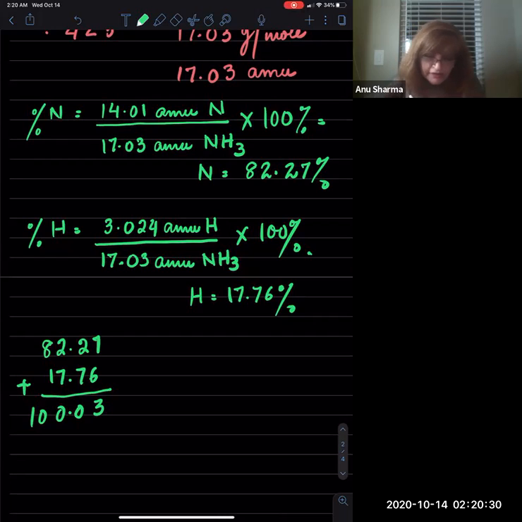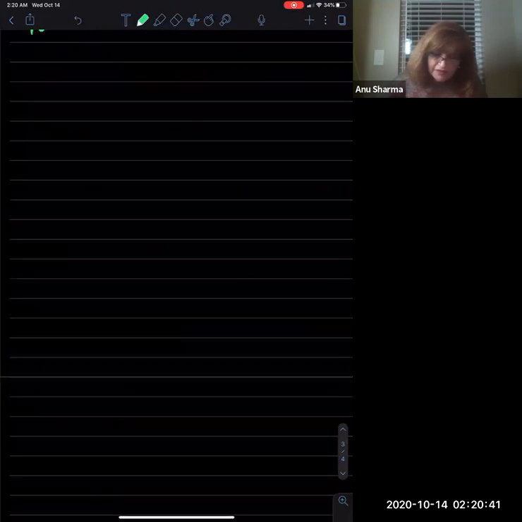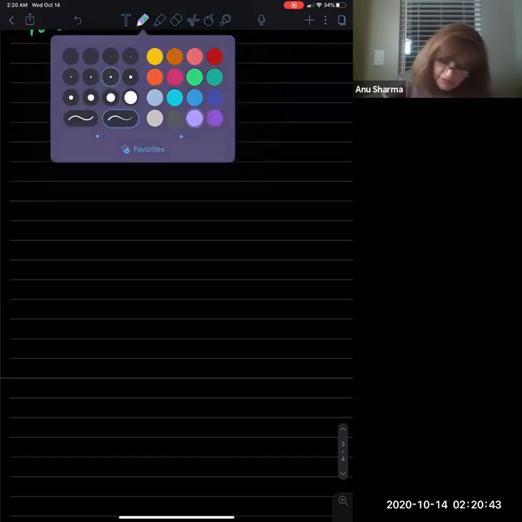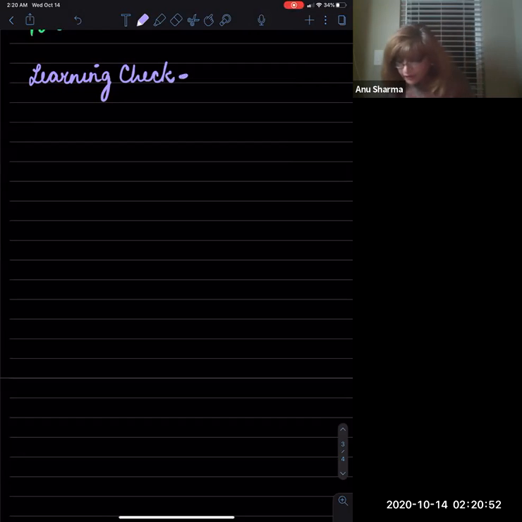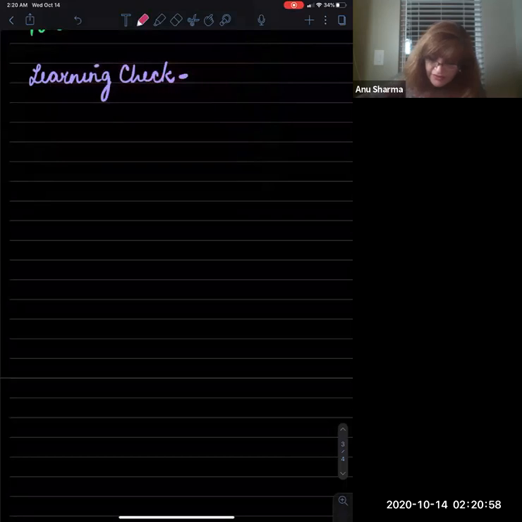Now let's look at one of the learning check problems that relate to a more complex molecule. The learning check problem is C9H8O4. Once again, this is an aspirin molecule.